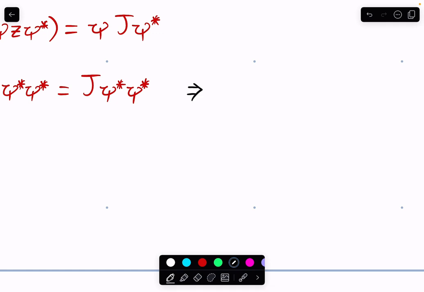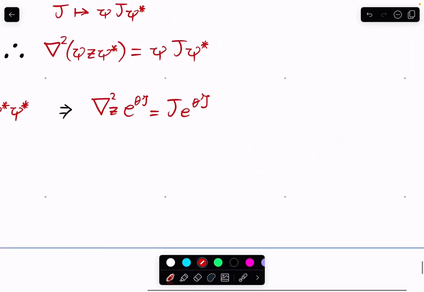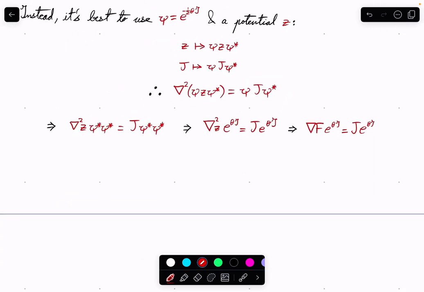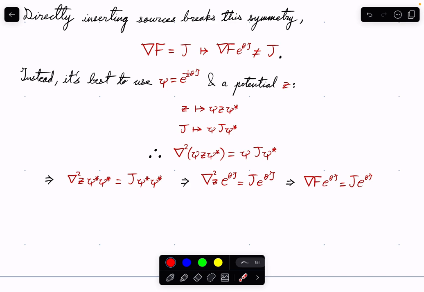Which is just the same thing as having e to the theta I equal to J e to the theta I, and this of course implies that the gradient of F e to the theta I equals J e to the theta I. So when you apply these two transformations, you end up with the dual symmetry being applied to both sides.